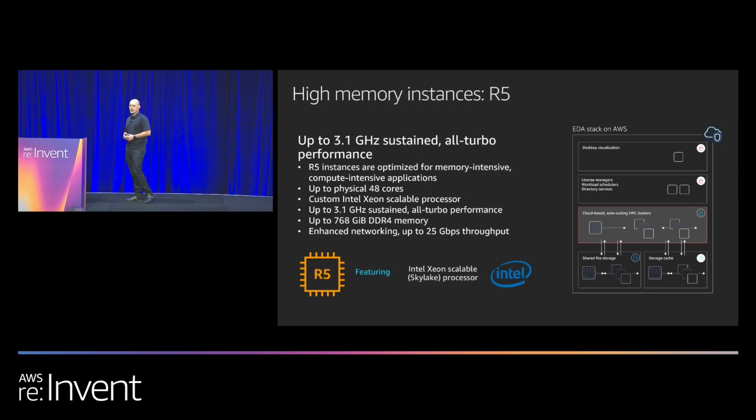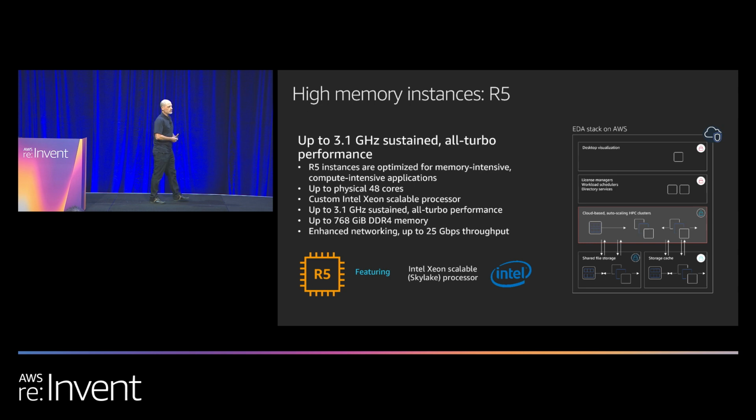And if for some reason you needed a bigger total memory footprint, the memory ratio on the R5 is the same, so you're still 16 gigs per core, but the R5 has twice as many processors, so it has a total of 768 gigs.